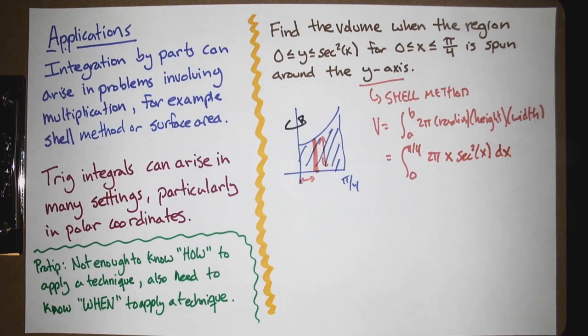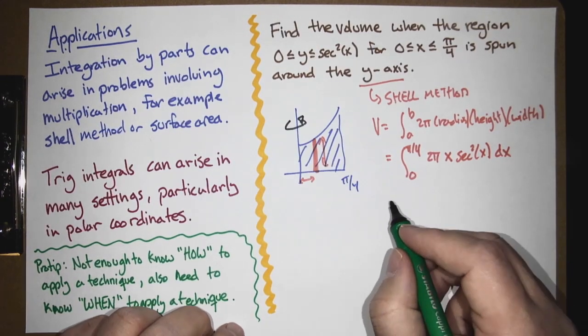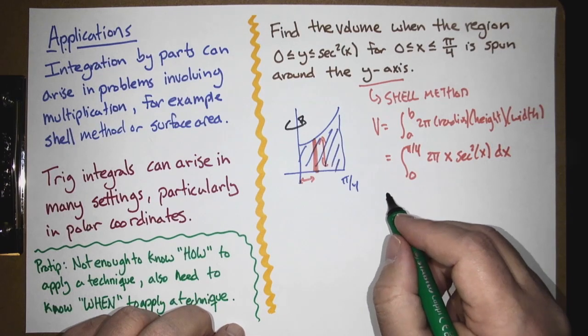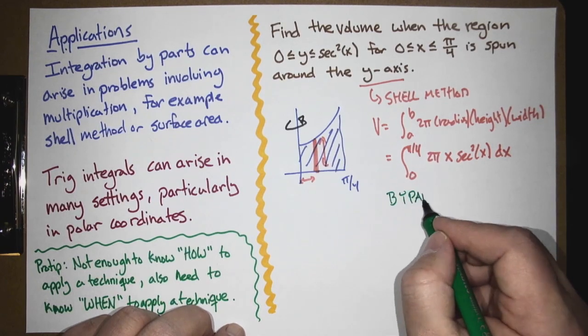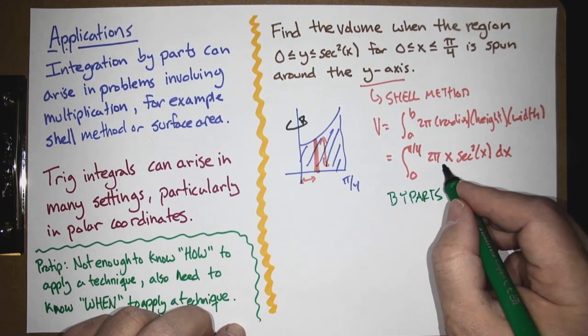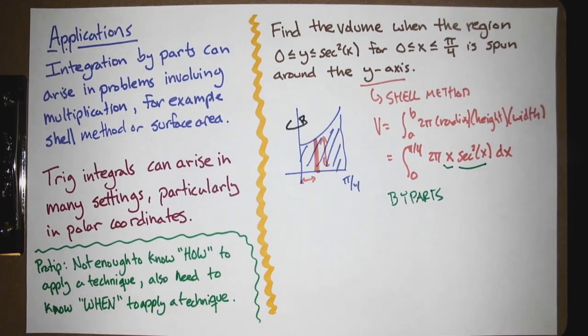What's your technique? This is a by parts. Your two candidates are x and secant squared x. Which one should you have be your u? Which one do you want to have be your dv?